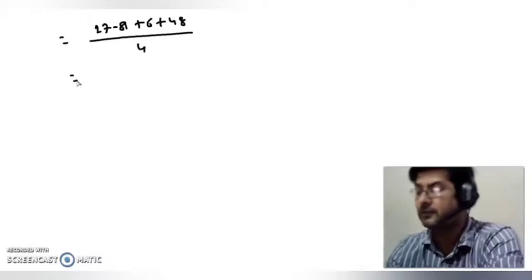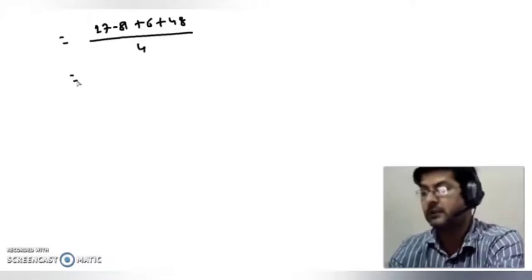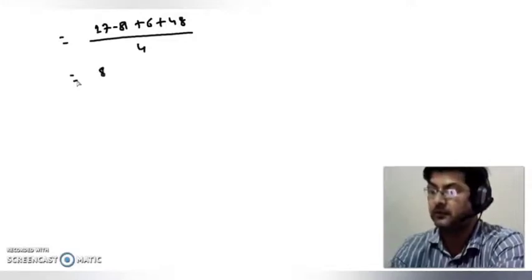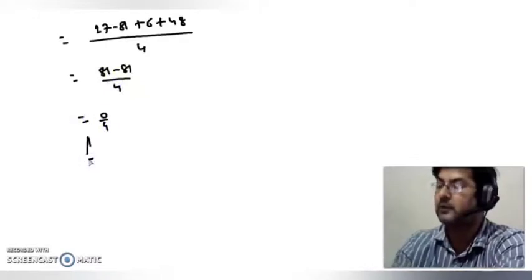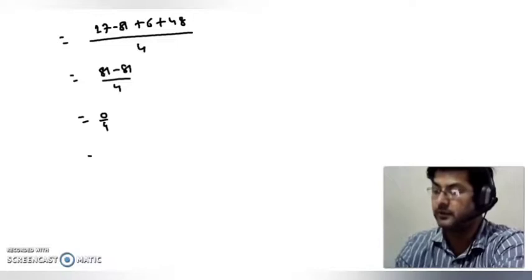So 48 plus 30 is 78, plus 3 is 81. Okay, so we have 81 minus 81 upon 4, which is equal to 0 by 4, which is equal to 0.